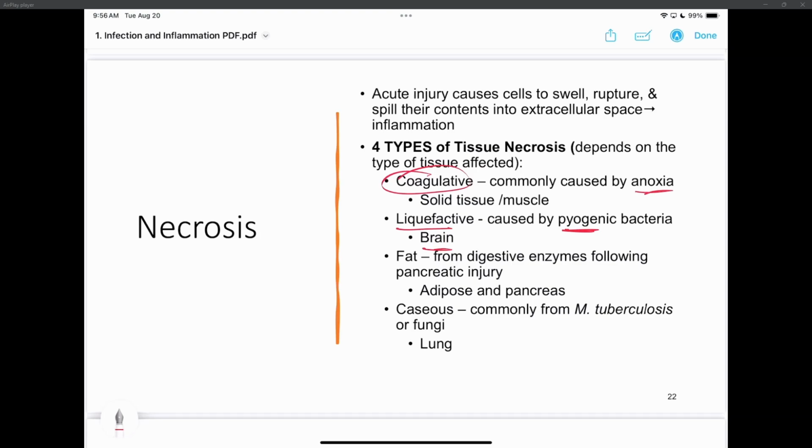You can have fat necrosis as well. This has to do with pancreatic injury. Remember all those digestive enzymes from the pancreas that go right into the duodenum. You can get fat necrosis, and that happens in the pancreas and in adipose tissue. And the last one is caseous necrosis. This is from tuberculosis and fungi, and that's usually in the lung.